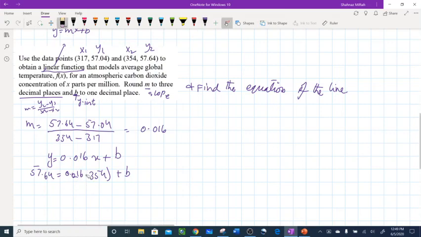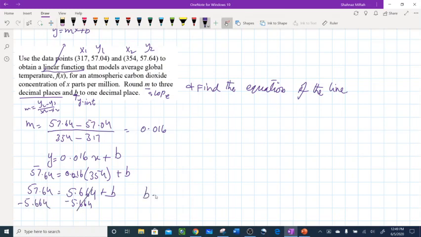So 57.64 equals 5.664 plus b, and that one is going to stay there. Now you subtract 5.664 from both sides, it cancels out, and I will get my b. So b is equal to 57.64 minus 5.664.